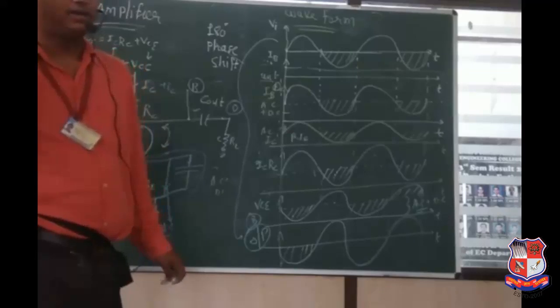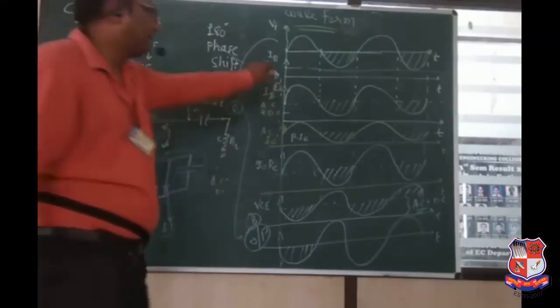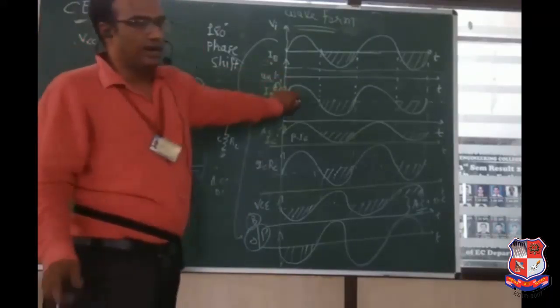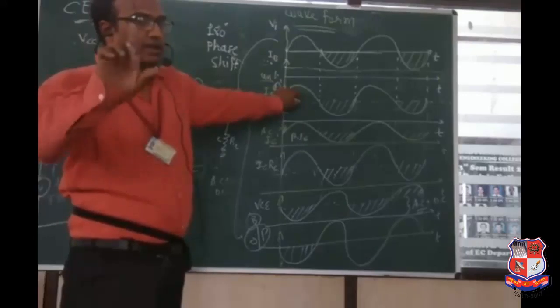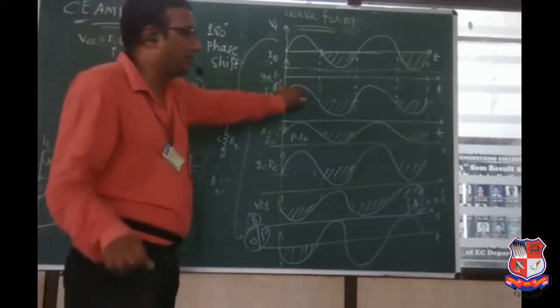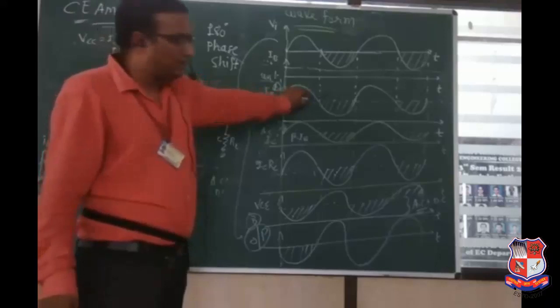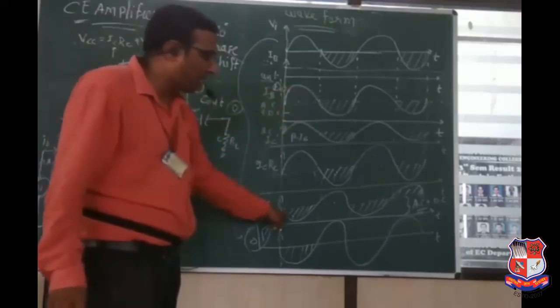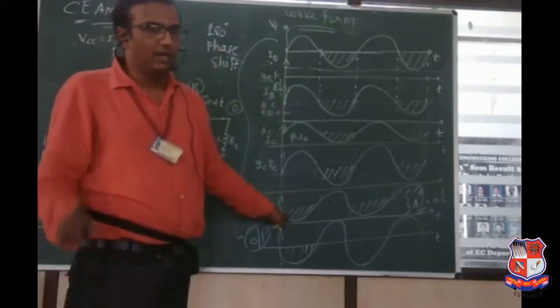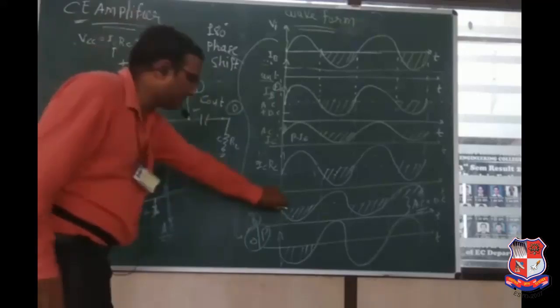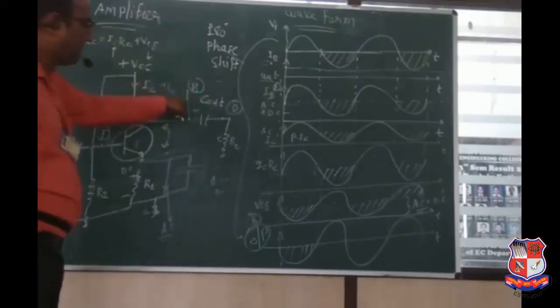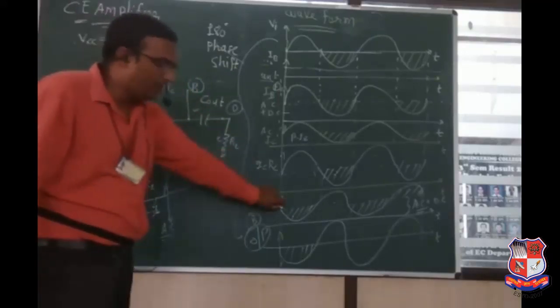But if the signal is divided into only the upper part, see this, only the upper part is present, at that time it is known as pulsating DC signal. Up to this point we get pulsating DC. Up to this point means this is known as B point. So it is the waveform of B point.